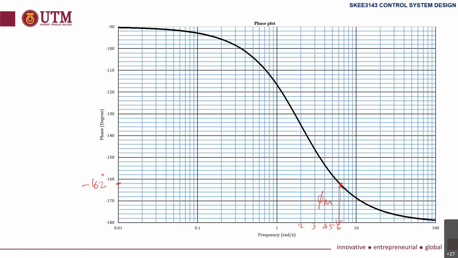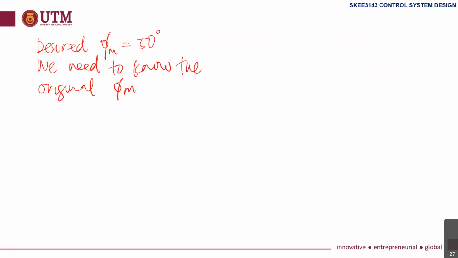So phase margin is 180 minus 162 degrees equal to 18 degrees, the phase margin of the original system. Please look into your Bode plot. Maybe you get a slightly different value, it is okay. So the original phase margin is 18 degrees.